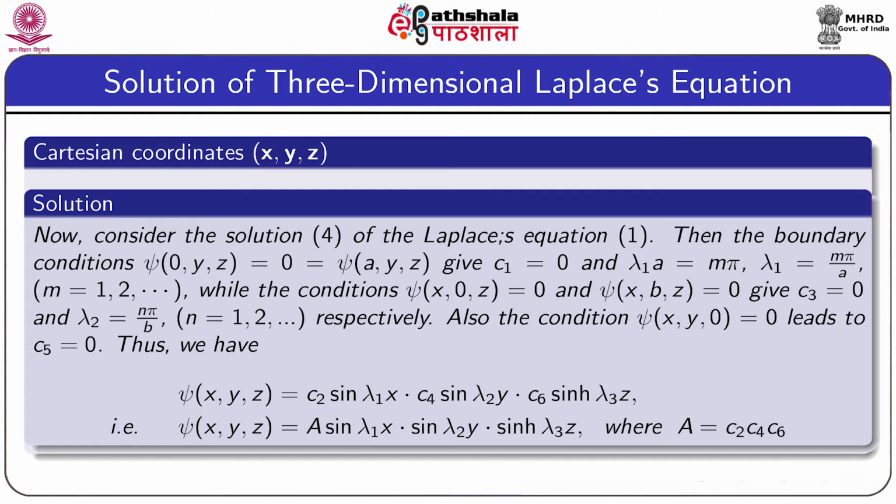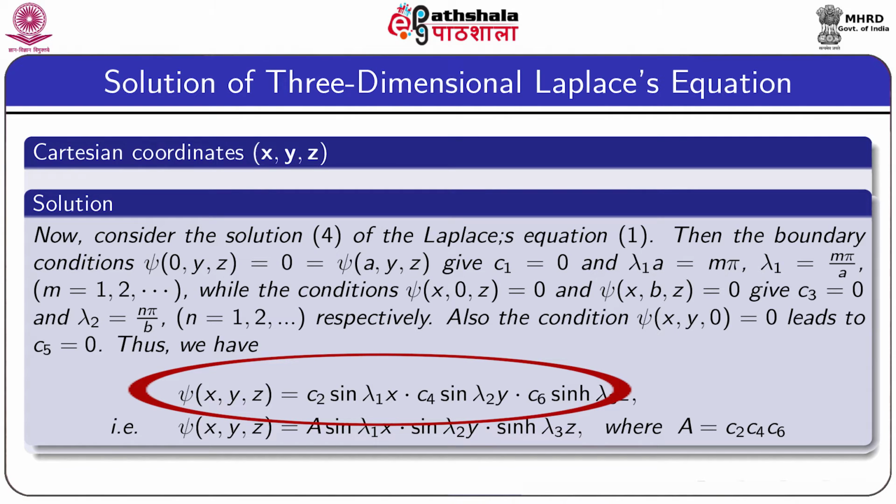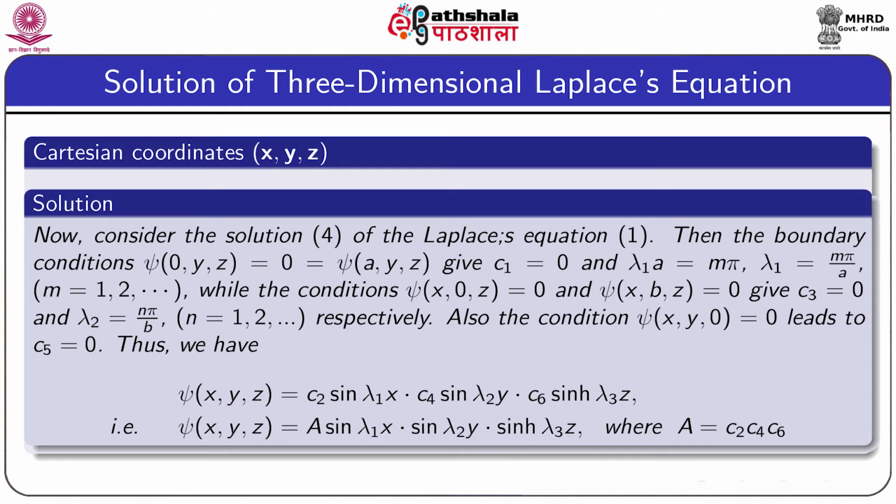If we put C5 equals 0, we find that the solution reduces to the form psi equals C2 sin lambda 1 x, C4 sin lambda 2 y, C6 sinh lambda 3 z, or we can write these three constants together as a constant A. So, psi equals A sin lambda 1 x sin lambda 2 y sinh lambda 3 z, where capital A is C2 C4 C6.